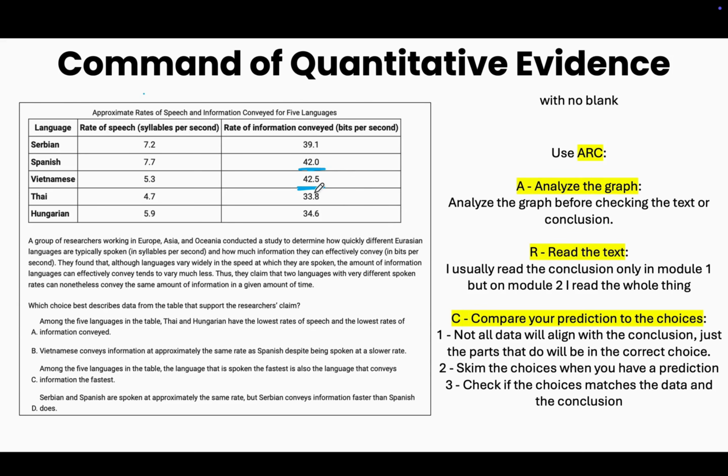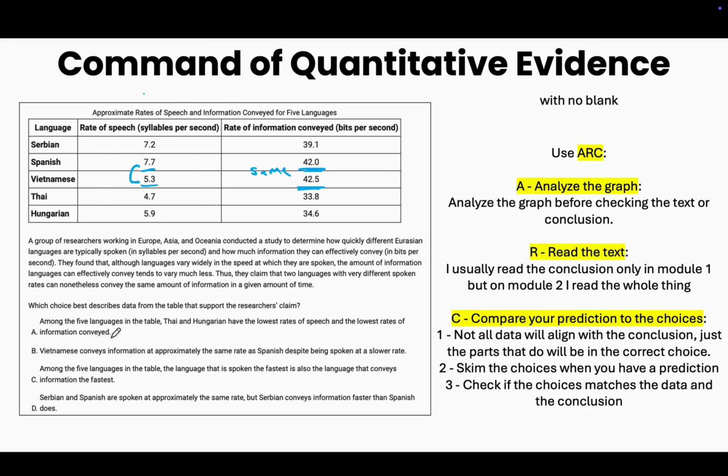This supports the claim because the claim wanted to compare 2 languages with significantly different rates of speech but similar rates of information conveyed. So Spanish has a much higher rate of speech while Vietnamese has a much lower rate of speech. But their rates of information conveyed is pretty close. So let's see which choice matches our prediction.